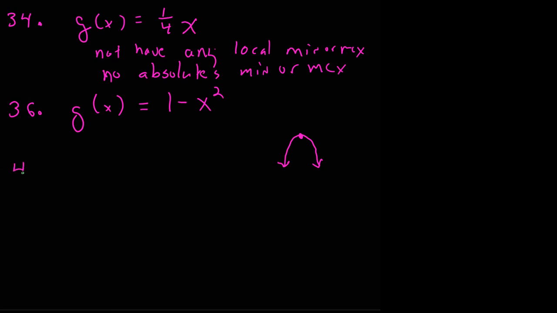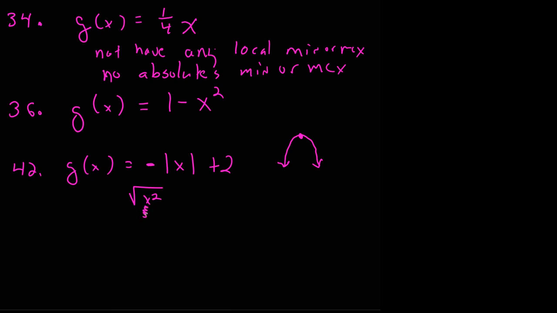So 42, the function that I'm looking at, g of x, is equal to the negative absolute value plus 2. Now, when we studied the absolute value function, we said this thing is akin to the square root of x squared. And so it does have a vertex.